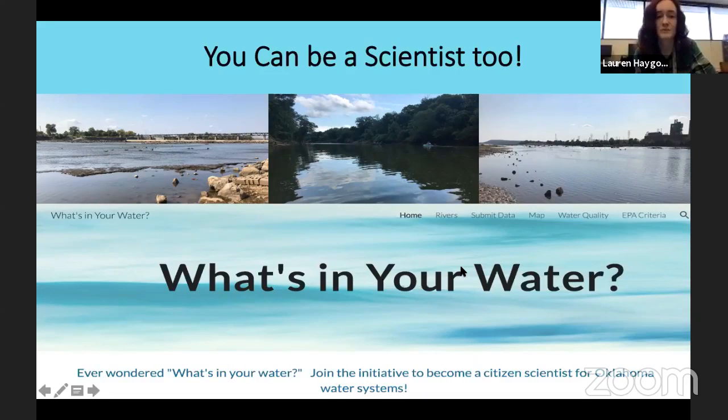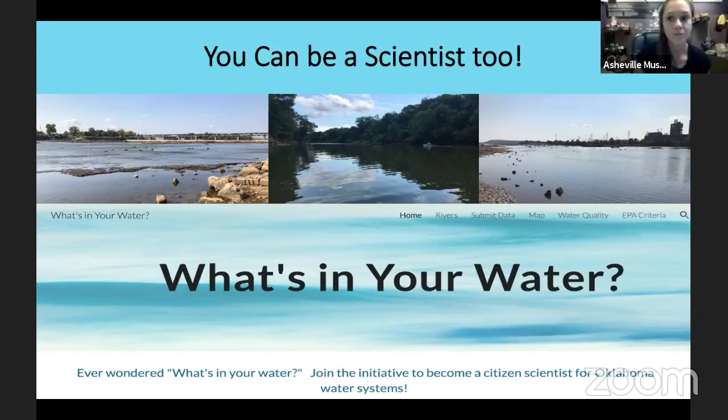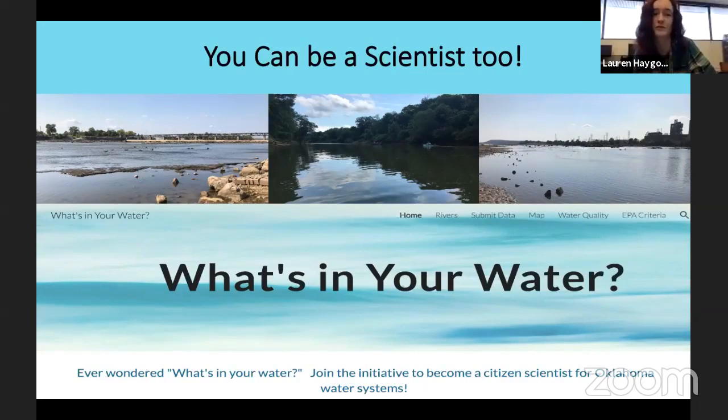And if you have anything you want to submit, there's a submit data option on the website too, and you can submit pictures or data. It's a Google form, so it lists out specific things, so you don't have to remember units or what you were submitting. There's also a contact link, so if you want more information, you can submit that and it goes straight to me, and I'll respond.